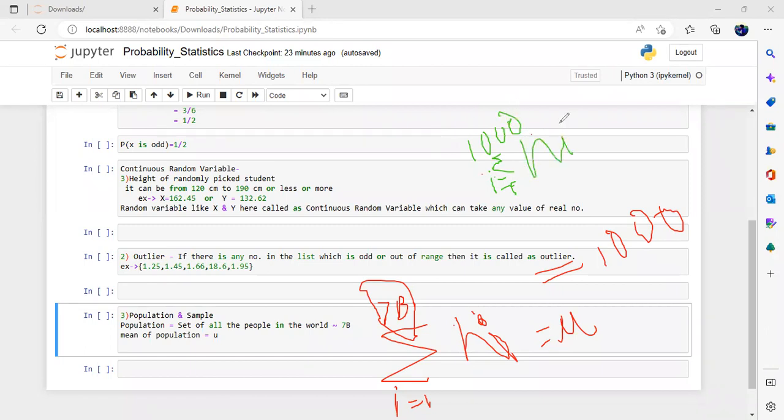This is your h_i. So this is your X bar, which is the mean for the sample set. This is your population, and mu is called the mean of population. Likewise, X bar is called the mean of the sample.